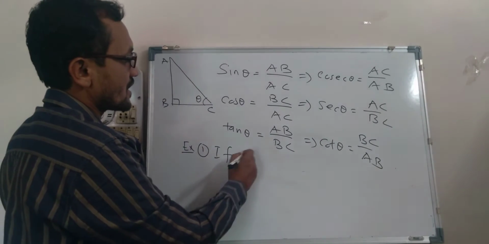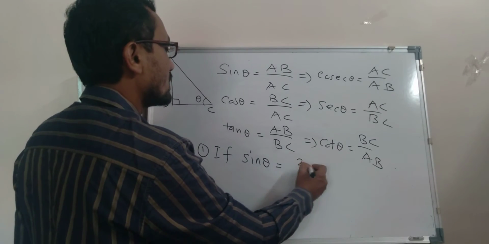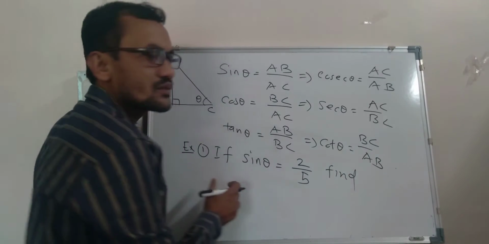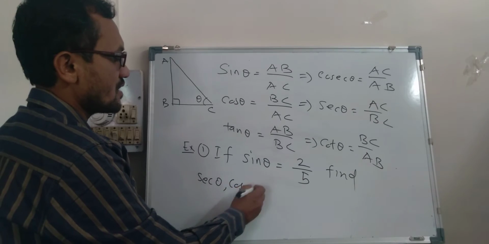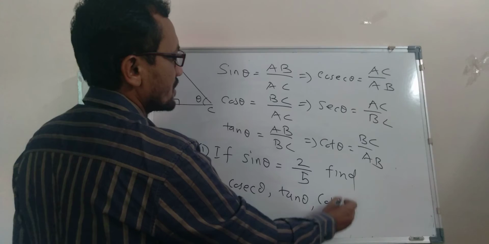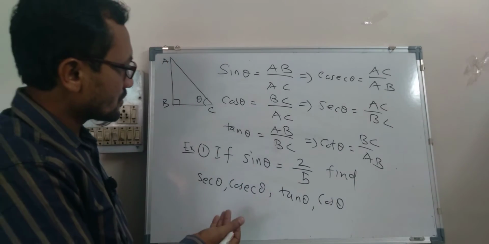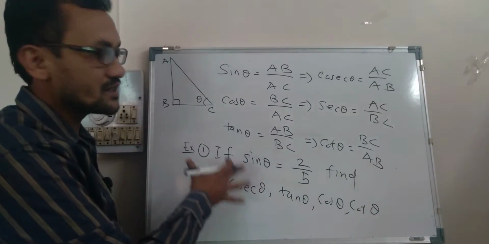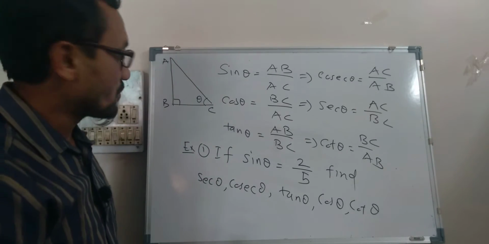If sin theta is 2 by 5, find sec theta, cosec theta, tan theta, and cos theta. Can we find all these ratios using sin theta? We can also find cot theta. We will solve this example properly.